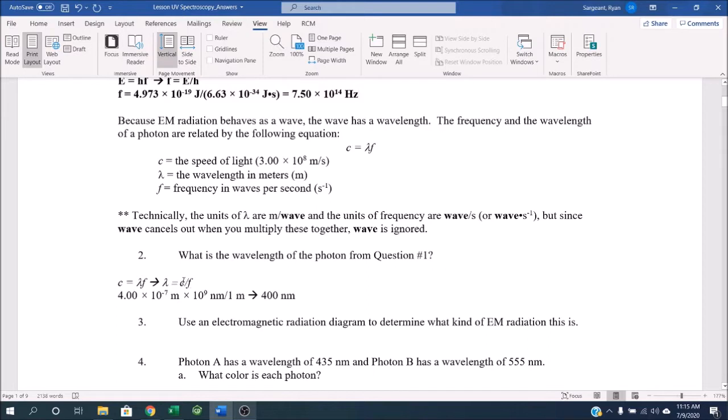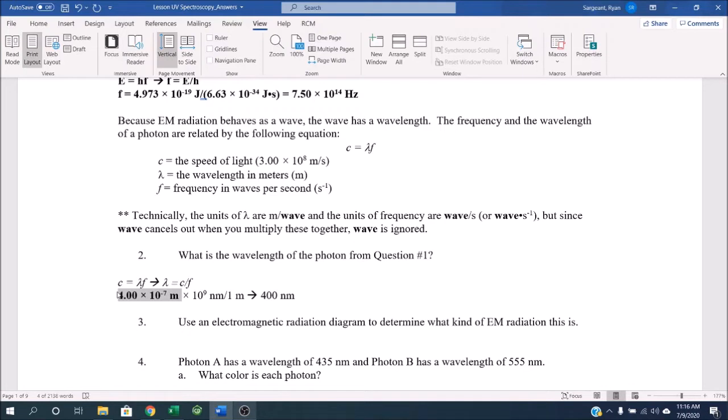The speed of light is 3.00 times 10 to the 8th meters per second. When I divide that by the frequency that I calculated up here in question 1, I end up with 4.00 times 10 to the negative 7th meters. So this was the original answer that I got from this equation.